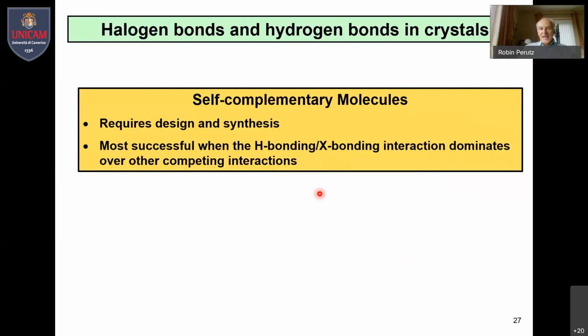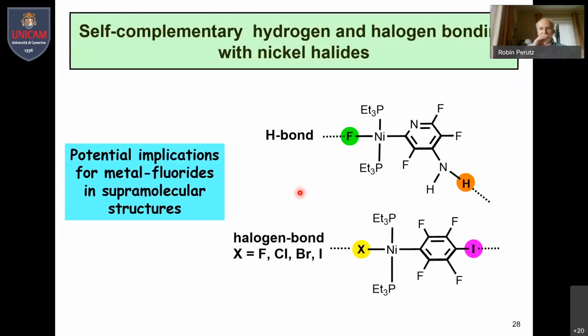And if we want to do this, we've got to remember that there are lots and lots of interactions that make for a crystal. All the molecules in the crystal have to interact with one another somehow. So if we want to look at hydrogen bonding or halogen bonding, we've got to make sure that that is the dominant interaction compared to the rest.